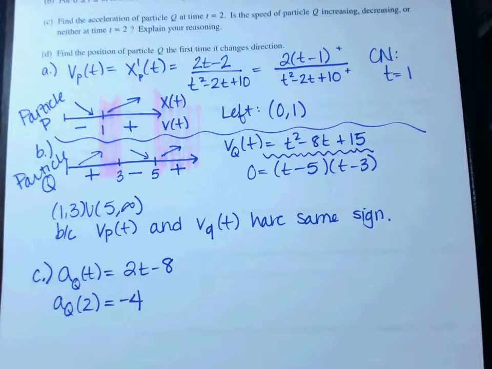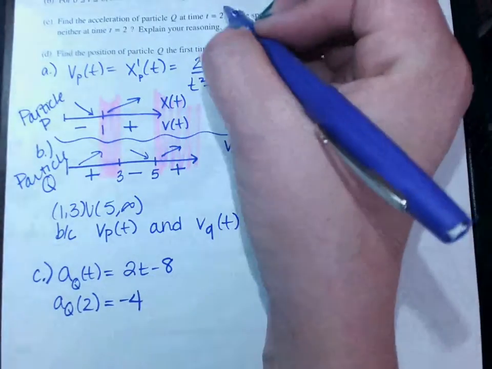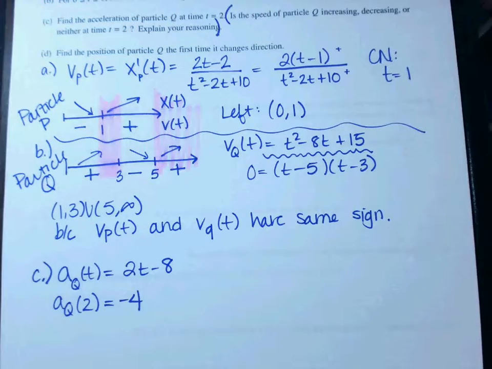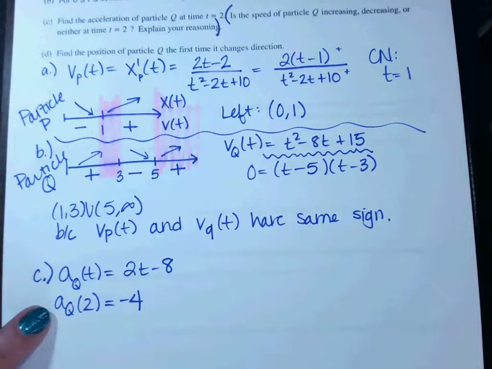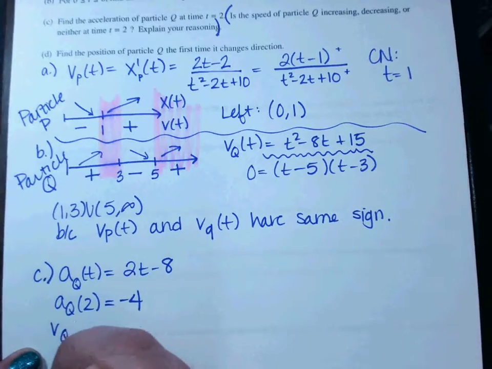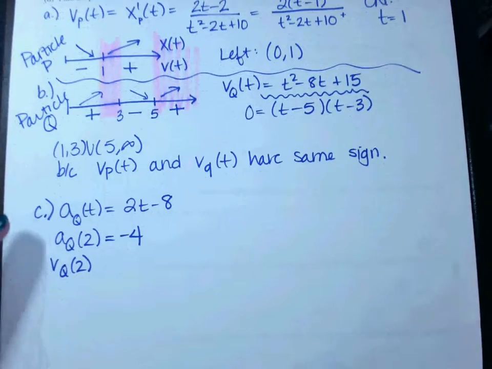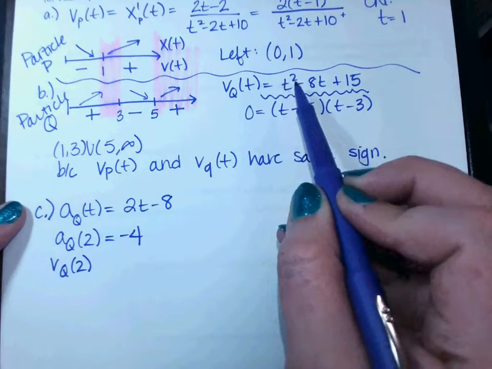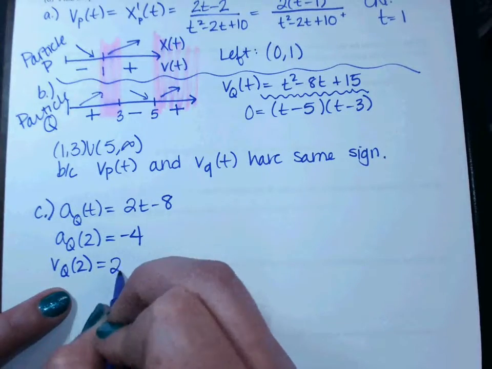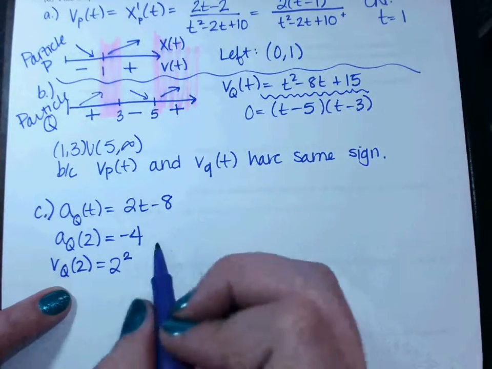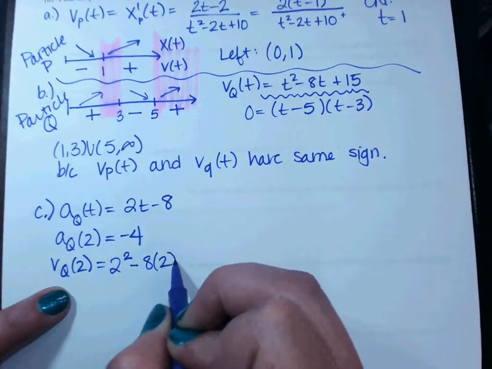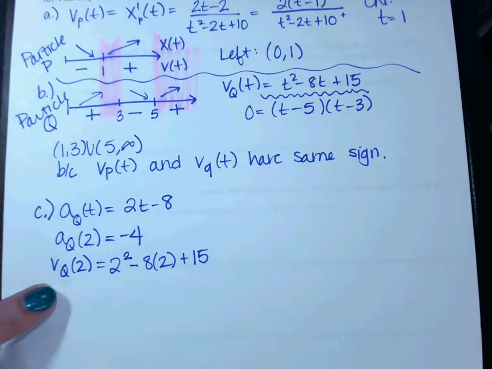Question, is that all that we need to know to determine whether the speed is increasing or decreasing? Only acceleration. You also need to know velocity. So if I wanted to know velocity at 2, you have two choices. You can plug in velocity at 2, which is what I'm going to do, or you could look at your sign chart. So remember, velocity's here. So what's 2 squared? 4 minus 8 times 2 plus 15.